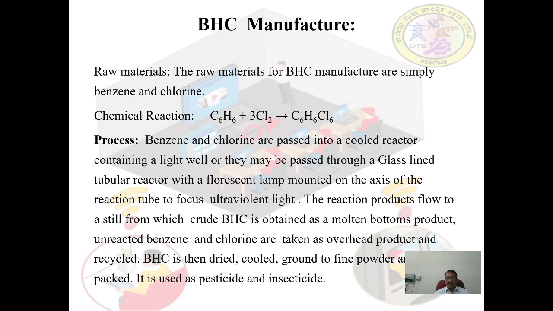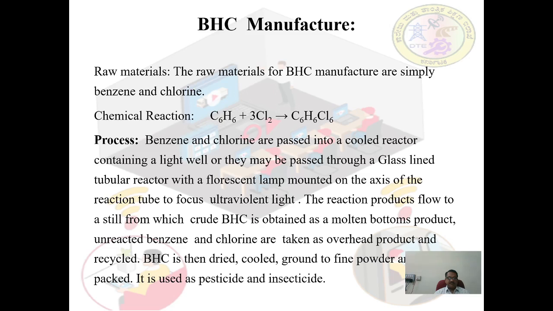And option D, 40 to 55 degrees Celsius. What would be the right answer? The right answer is option B. Its reaction takes place with a temperature range of 15 to 30 degrees Celsius.